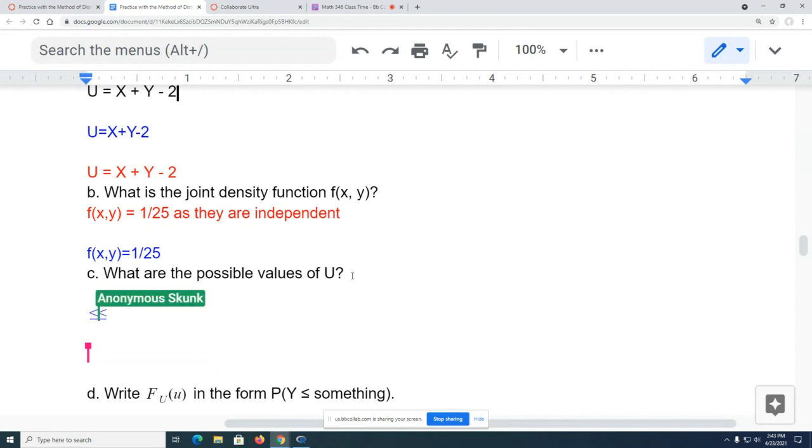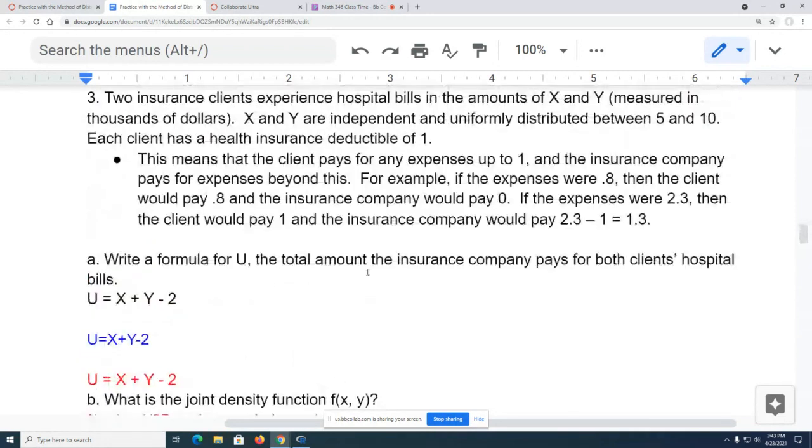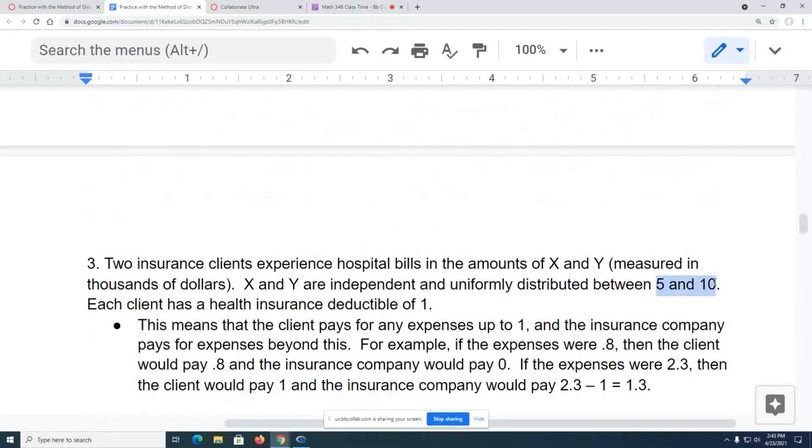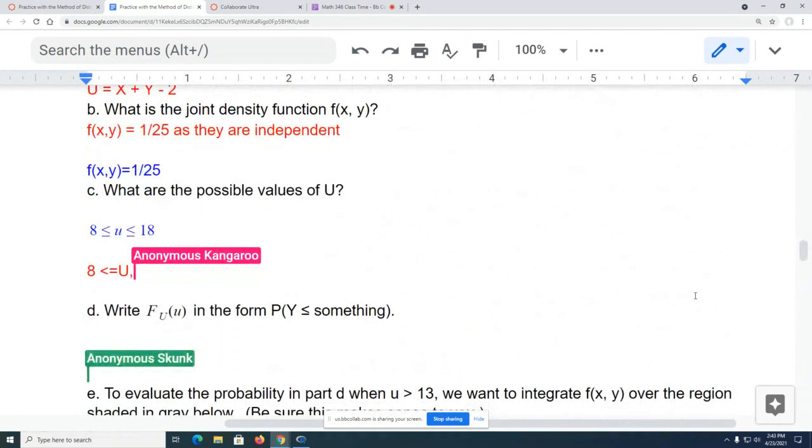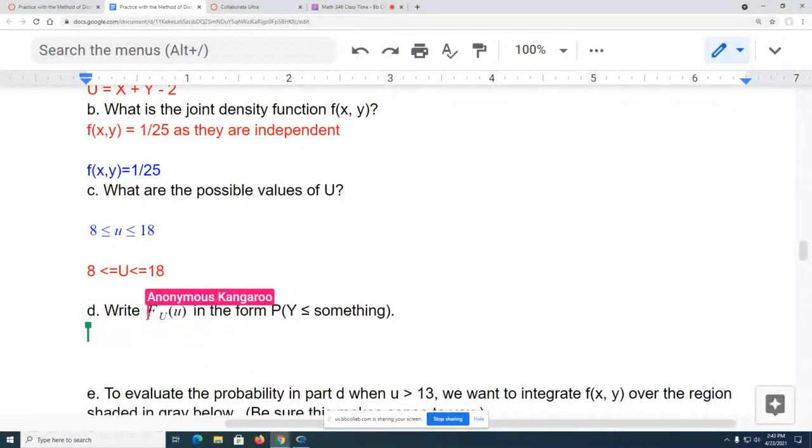So if the insurance company pays for everything except 1 for each of the clients, and each of the clients' amounts is between 5 and 10, the insurance company is paying between 4 and 9 for each person. So that means the total they must be paying is between 8 and 18. So that's going to give us our range of possible values on which the density function is going to be non-zero. So now, go ahead and write the distribution function in the form probability of U being less than or equal to something involving little u.